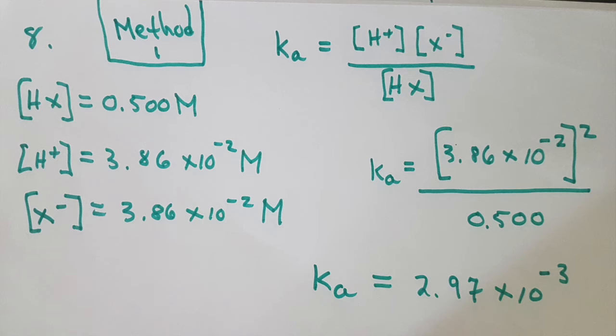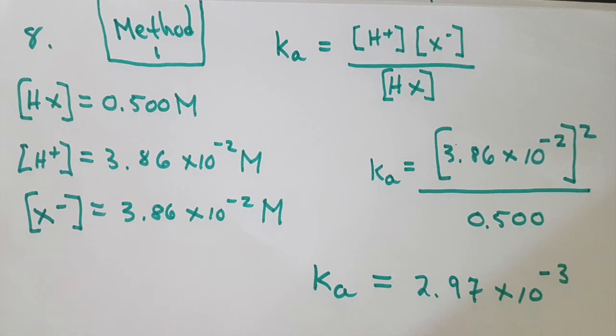So as I do method 2, I am going to subtract off from 0.500 the H ion concentration, which is 3.86 times 10 to the negative 2, and we'll see if we get a big difference in the Ka. And I'll show you that indeed, it's really not. You can see that Ka rounded is 3.0 times 10 to the negative 3. So it's not going to be a big deal.